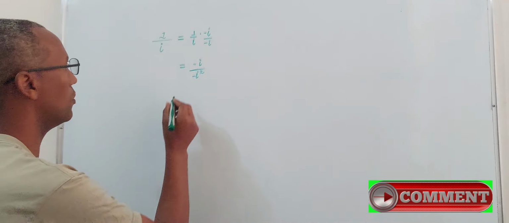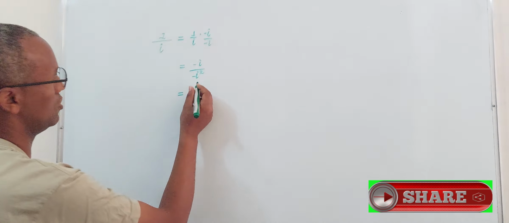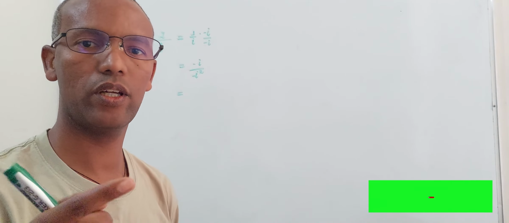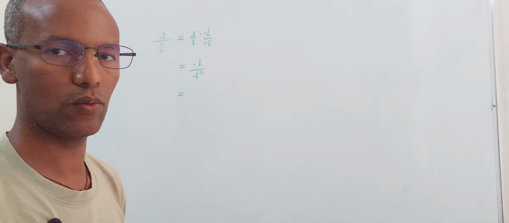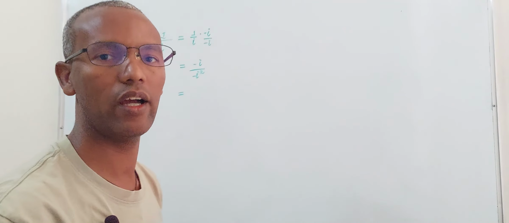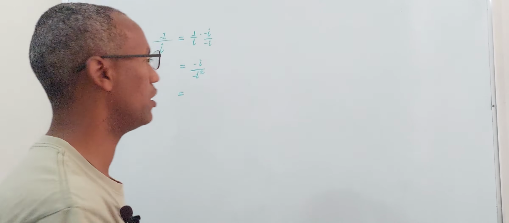Now the trick here is that, as you know, i squared is negative 1. If you are not familiar, minus i squared is negative times negative 1, which is 1.